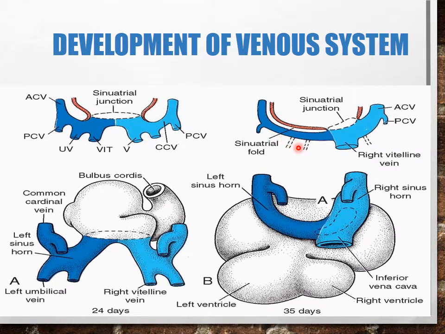So these veins are going to regress ultimately on the left side. First of all, there is the obliteration of the right umbilical vein and the left vitelline vein in the 5th week of development, and at the 10th week of development the other vein, the cardinal vein, is also going to obliterate.